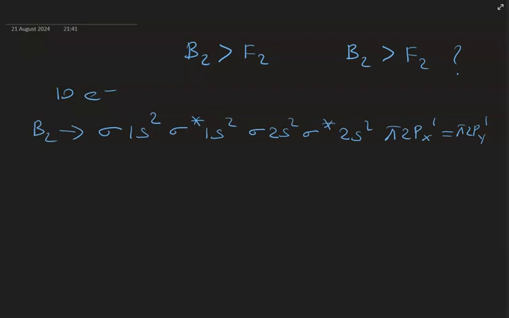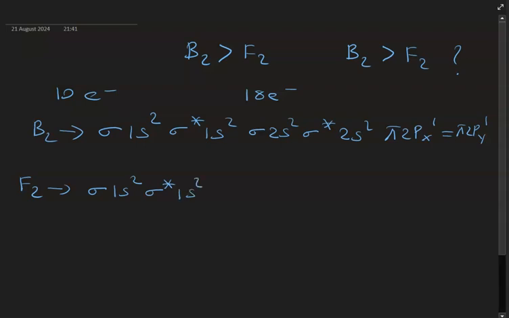Okay. Now we are applying this MO theory on F2. Each fluorine atom contains 9 electrons. So a total of 18 electrons will be there in F2. If you apply this MO theory on F2, you will get sigma 1s2, sigma star 1s2, sigma 2s2, sigma star 2s2.